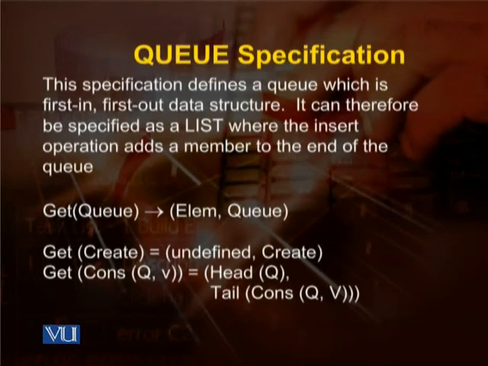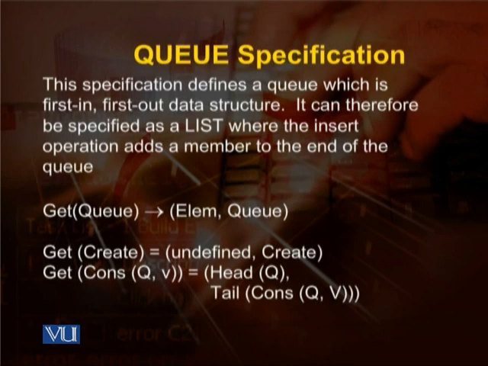The second method, once again, is cons. So we get cons q comma v. Now we want to take the head of, first of all, what is the head of this new list which we have just created with this cons function? The head of this new list is the same as the head of the old list, that is head of q, except when this q is empty.